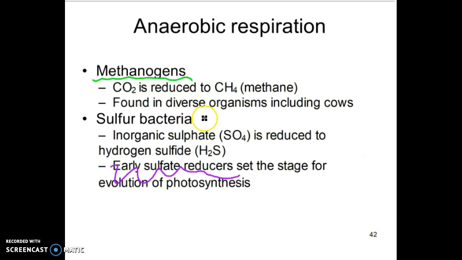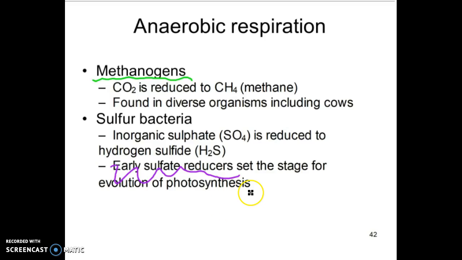And then sulfur bacteria: inorganic sulfate is reduced to hydrogen sulfide. Early sulfate reducers set the stage for the evolution of photosynthesis. So we think this evolved very early on and was kind of a precursor to photosynthesis.